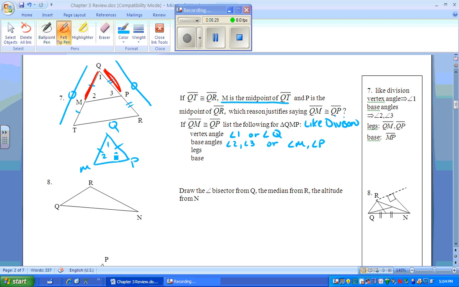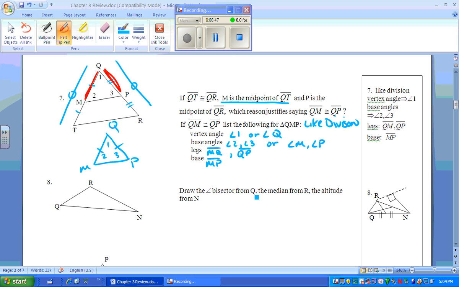The legs are the congruent sides of an isosceles triangle, so that's MQ and QP. And the base is the one that is not marked, so that's MP. So it's just taking the parts around.